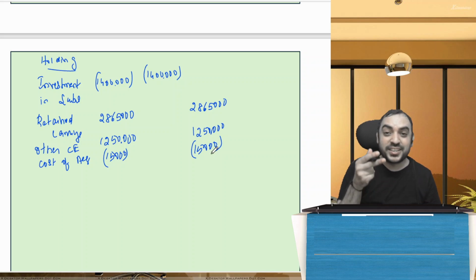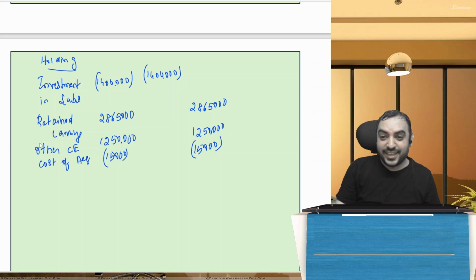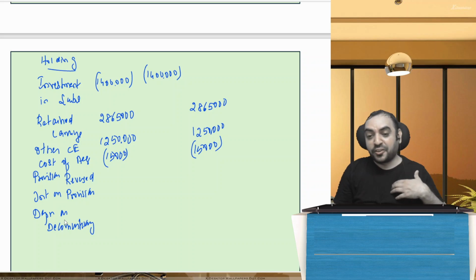Then we had some adjustments with respect to decommissioning liability: provision reversed, then interest taken to P&L, depreciation on that taken to P&L, that will be taken to con PL. Provision reversed, then interest on the provision, that is unwinding of discount, then depreciation on the asset part of it.